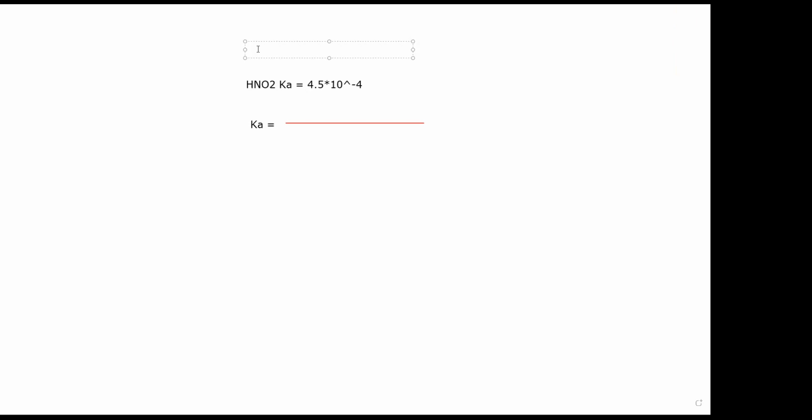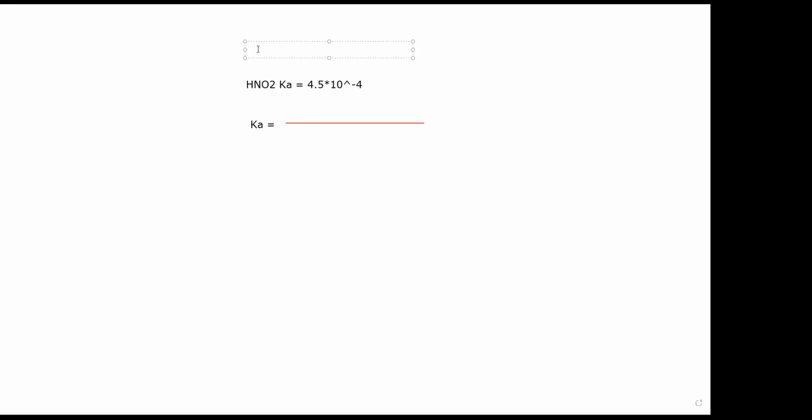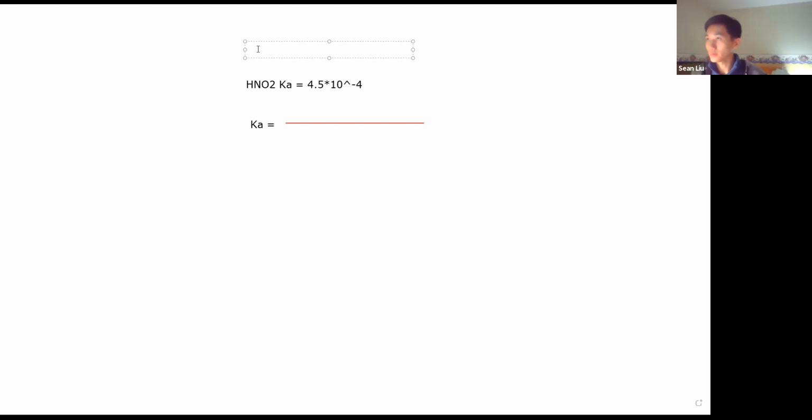You mean like how when it splits apart into H plus and NO2 minus, right? Sorry, NO2 minus, not NO. Yes. So how would I state this reaction?